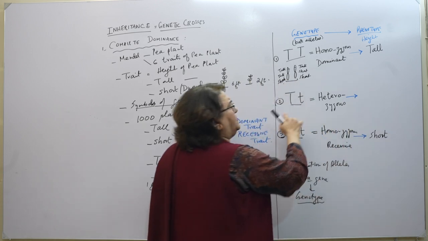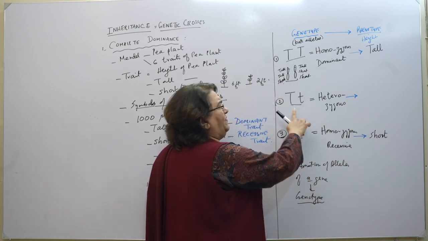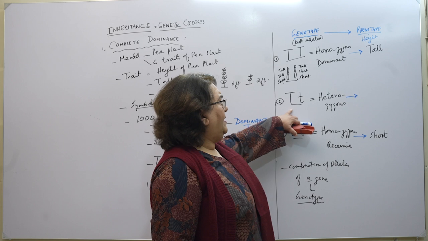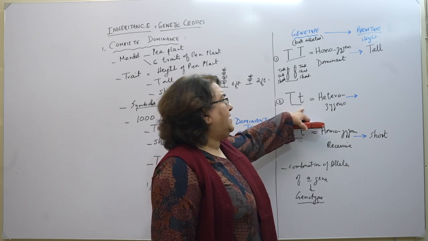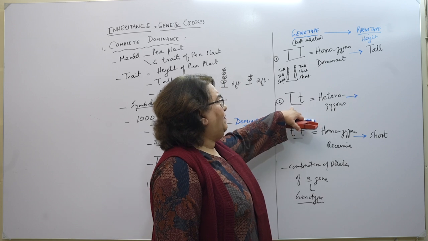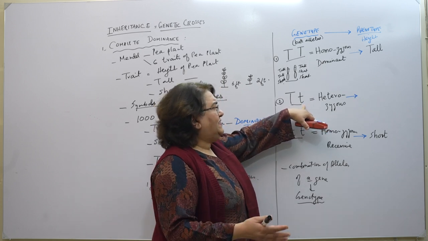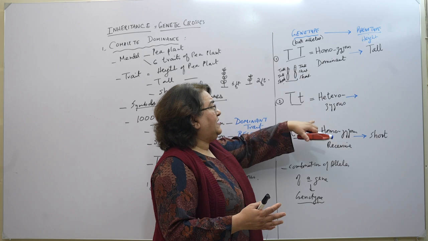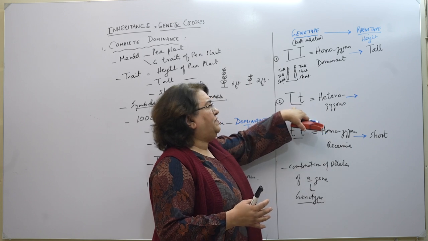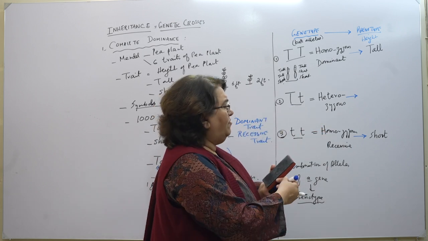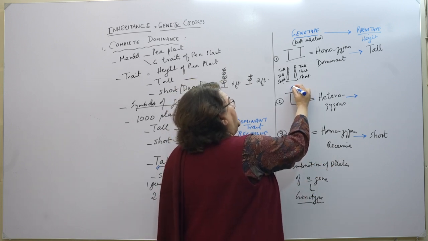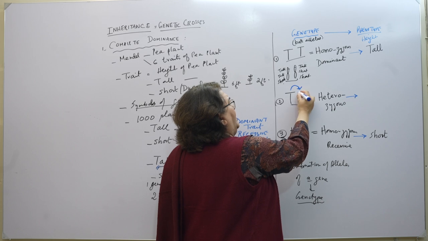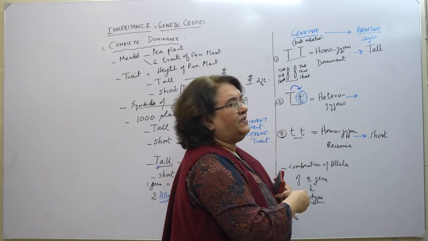Alright, now comes this concept. We have both the tall and the short allele together. This is called the heterozygous combination. So what will happen? Will the physical form be the short one, or the tall one? Here the concept of complete dominance comes in, and the dominant allele will completely hide the recessive allele.